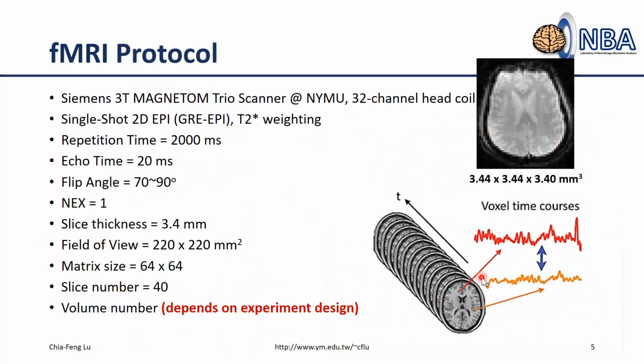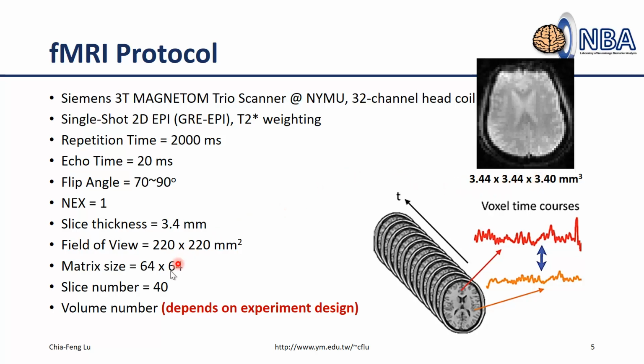And I just leave this slide for you so you can check all the image parameters that we used to acquire the data set that I provided for you today. Okay, so again we use the 3T scanner in our university and a gradient EPI data set with TR 2 seconds, and the original spatial resolution is 3.4 by 3.4 by 3.4.